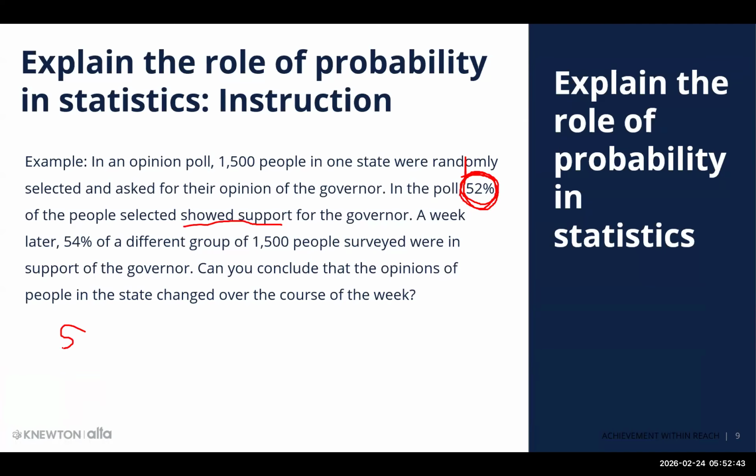We'll use S for showing support, and N for not showing support. But it's essentially heads or tails, except that this is 0.52 instead of 0.50, and this would be 0.48 for not showing support, so it's not exactly a fair coin.